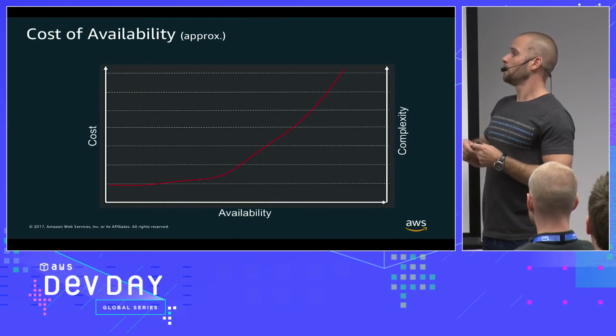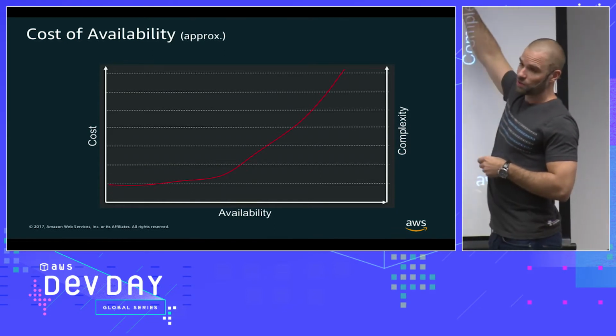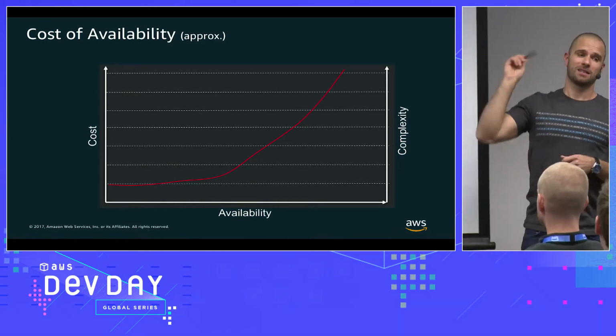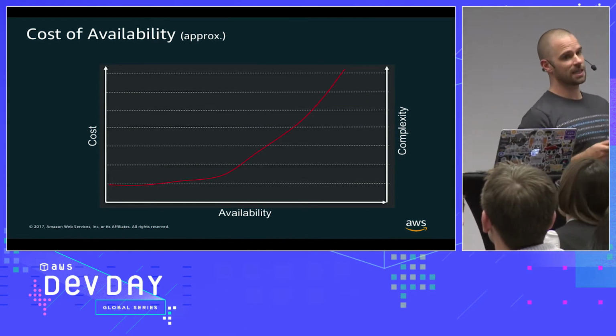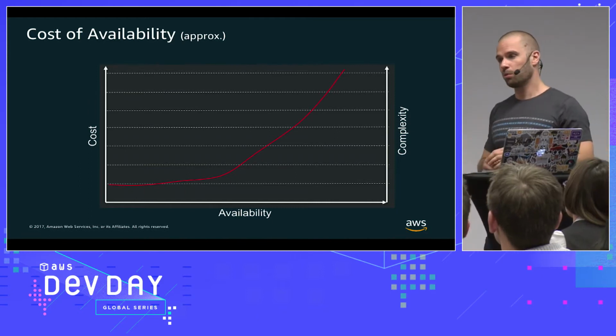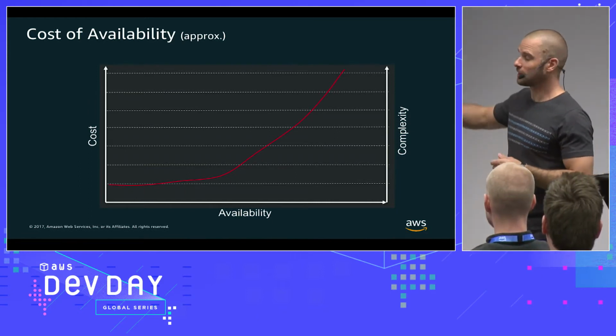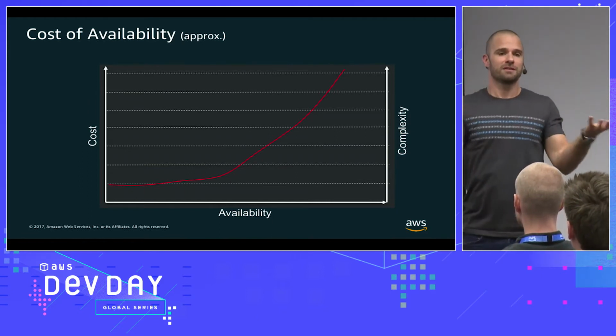Second thing as well is, with cost increasing and availability increasing, complexity increases, right? Especially back in the days when you wanted to have a global system, the most complex thing was reconciliation of data, right?